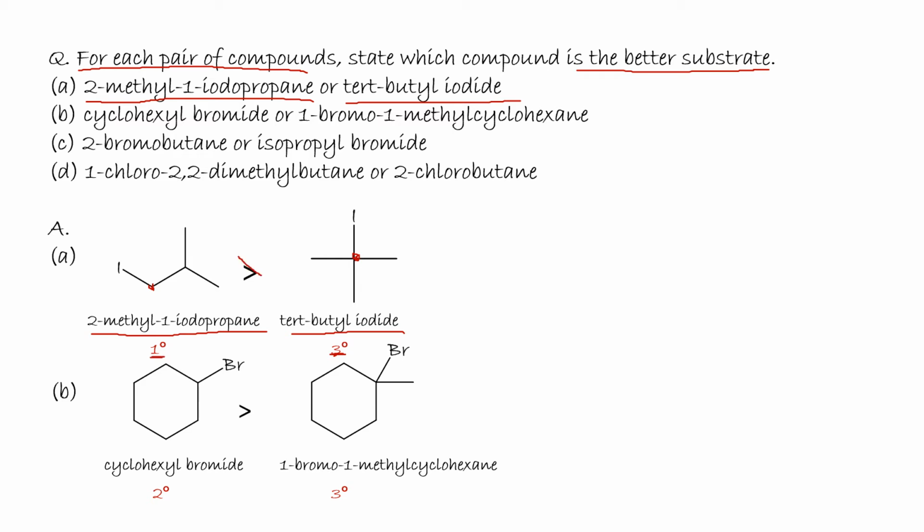So this is the better substrate. Cyclohexyl bromide or 1-bromo-1-methylcyclohexane. Here the alkyl halide is tertiary, here the alkyl halide is secondary. Of course, secondary is better.